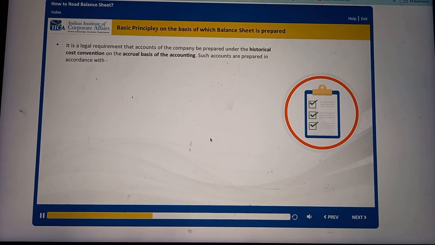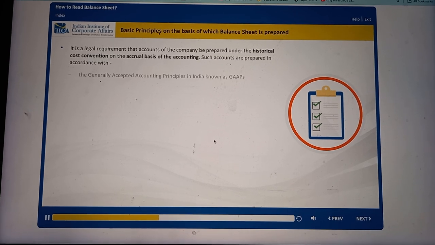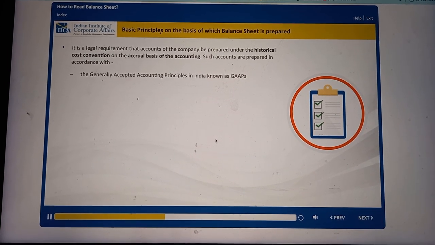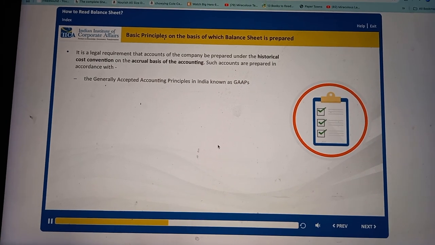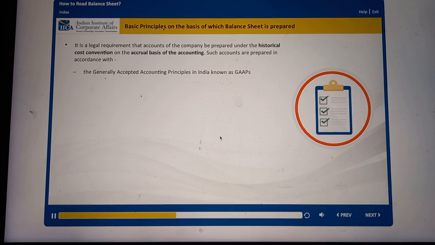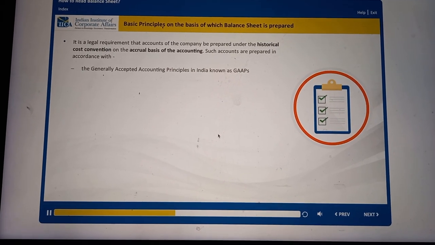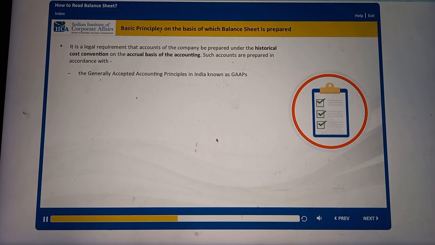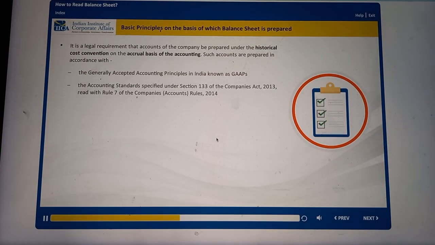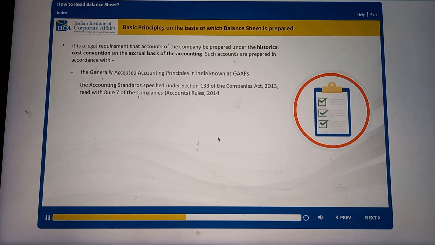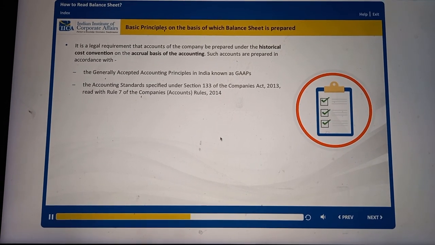And further, there are certain generally accepted accounting principles, which are known as GAAP. So the balance sheet is prepared on the basis of following all those generally accepted accounting principles in India. And further, friends, the Ministry of Corporate Affairs has notified the accounting standards under Section 133 of the Companies Act 2013, read with Rule 7 of the Companies Accounts Rules 2014.